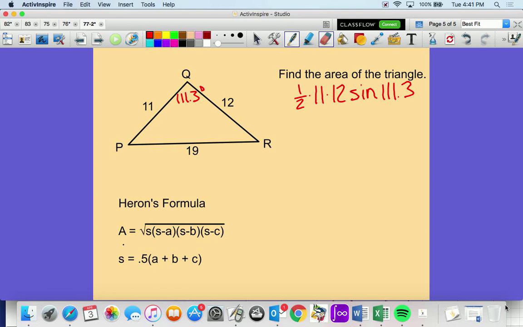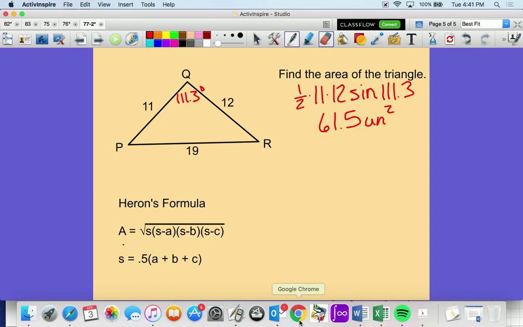So if we multiply that out, we get an answer of 61.5 units squared.